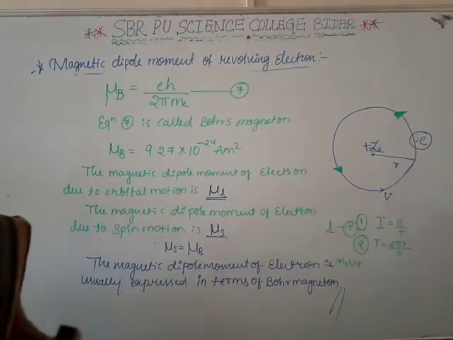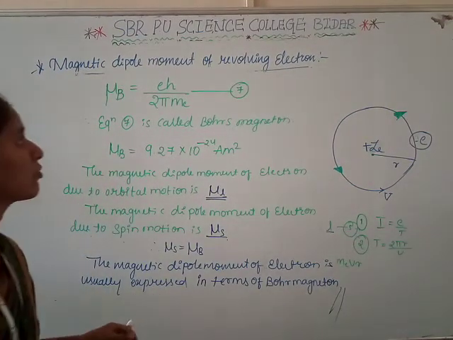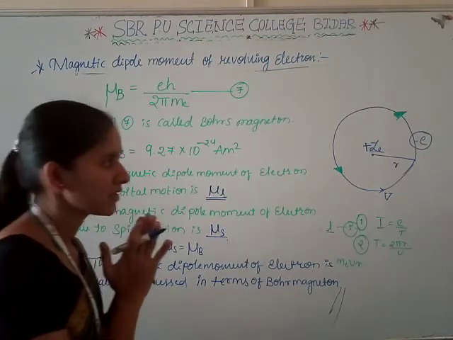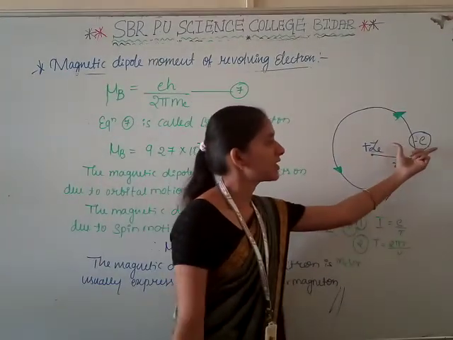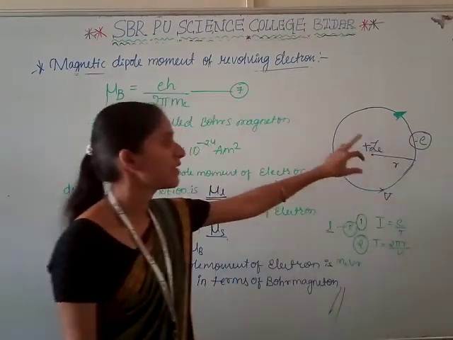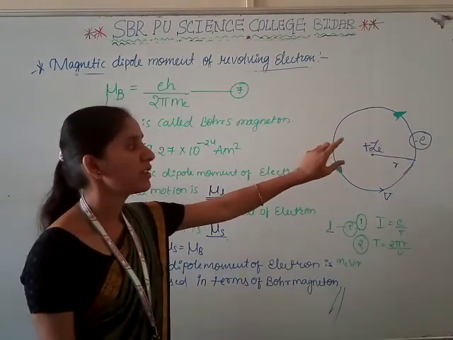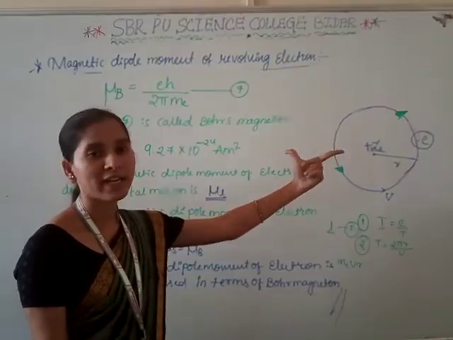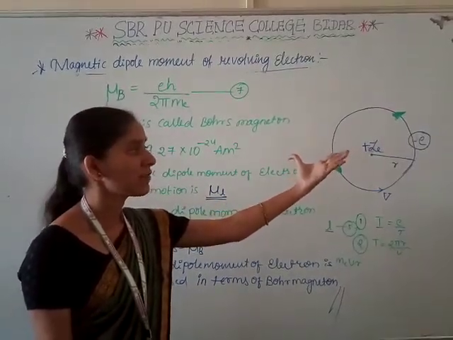Okay, this is all about the magnetic dipole moment of a revolving electron. Here we consider the electron revolving around a nucleus in a uniform motion. The electron has a negative charge and the nucleus a positive charge, so both attract and a centripetal force is produced.